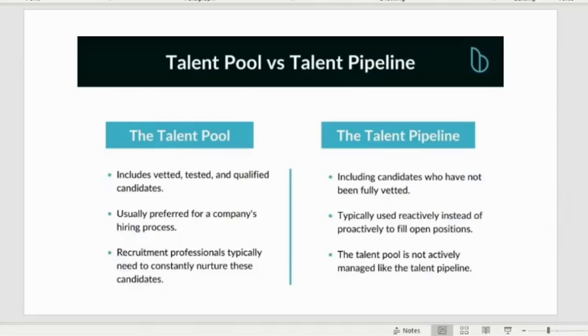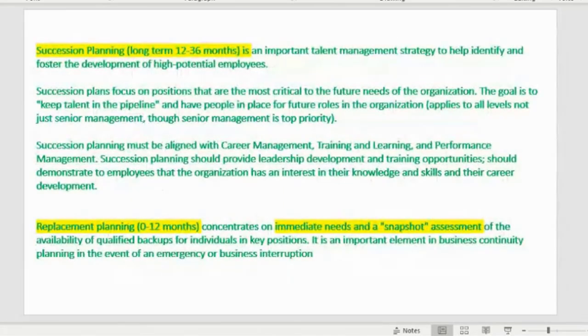Okay. Now here we're going to talk about succession planning, which, as you can see, is long term. So succession planning is definitely a strategic HR practice. It's an important talent management strategy to help identify and foster the development of high potential employees so they can meet the future needs of the organization.